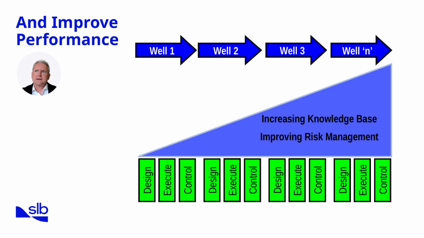Over time, this iterative approach transforms isolated experiences into a strategic capability. The key point is that improvement does not come from one review or one design adjustment, but from embedding this cycle into the company's culture. With performance improvement firmly tied to review processes, we are ready to close by revisiting the objectives we set out at the start.